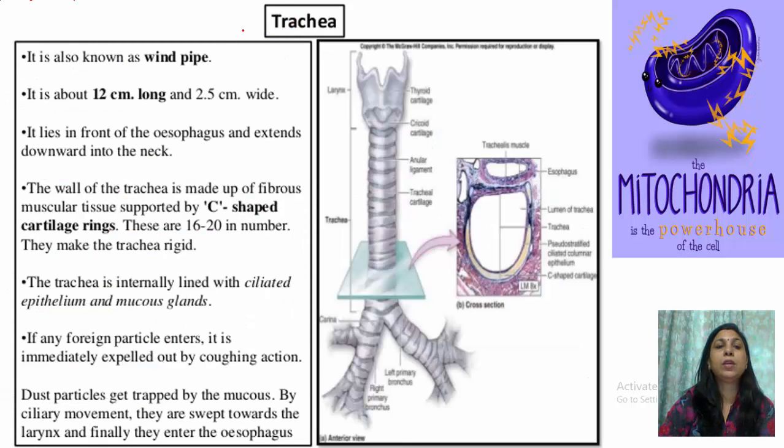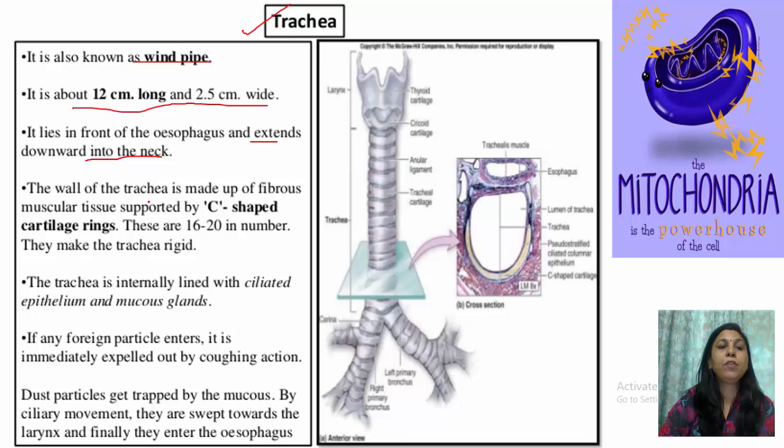Now the next organ is the trachea. It is also known as the windpipe. It is about 12 centimeters long and 2.5 centimeters wide. As you can see, this is the trachea, and it lies in front of the esophagus and extends downward into the neck. These two, the esophagus as well as the trachea, are found in the neck region, and the trachea lies in front of the esophagus.